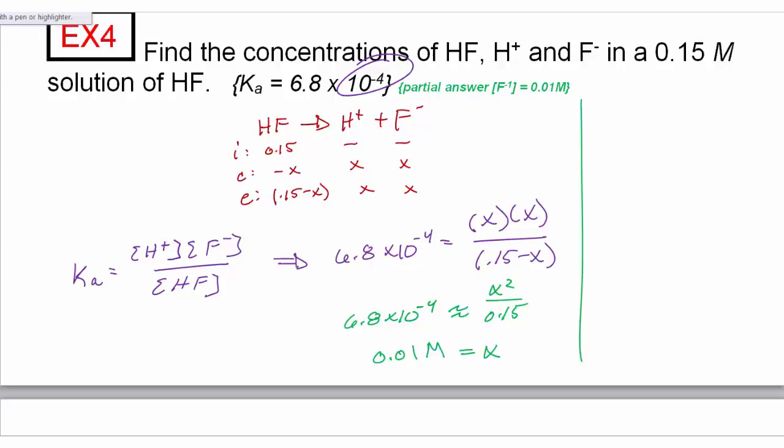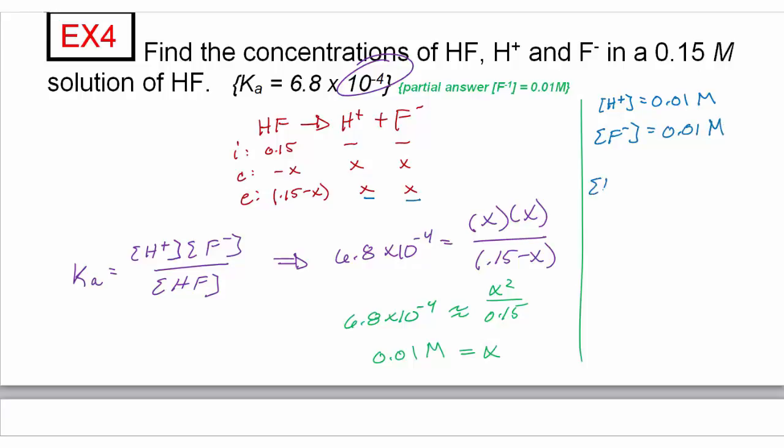So they want to know all these concentrations now. Concentration of hydrogen ion is x. And so is F minus. And x is 0.01. So the concentration of fluoride is x, which is 0.01.